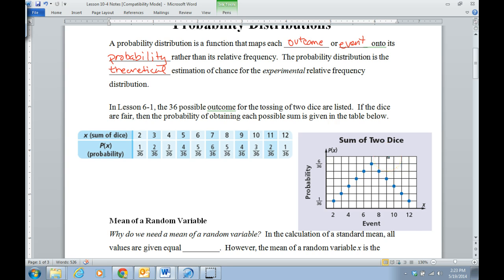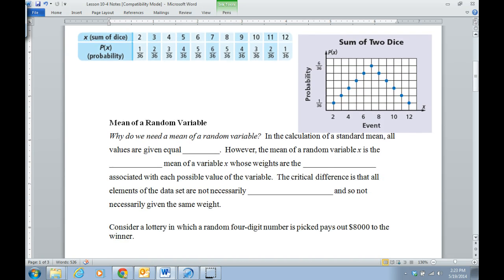All right, so that is our first look at probability distribution. So, a mean of a random variable. Why do we need a mean of a random variable? In the calculation of a standard mean, all values are given equal weight.